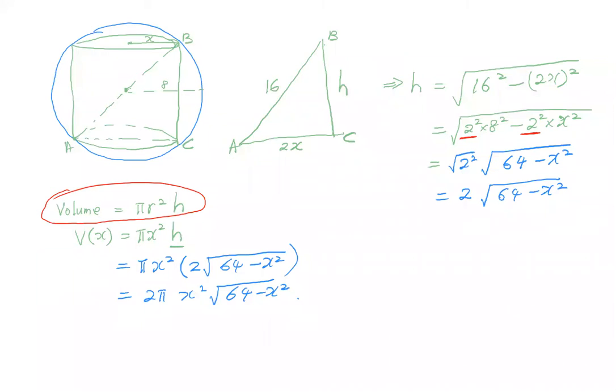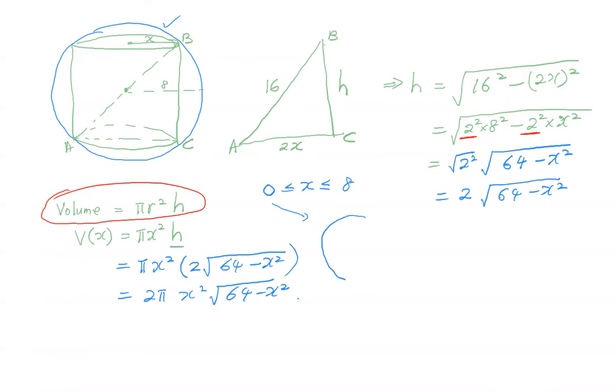Okay, in this case, can I ask you, what is the maximum value for x, the domain? Based on this question, x can be 0 or maximum 8. Thank you.